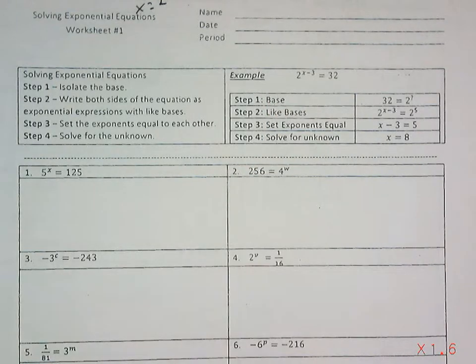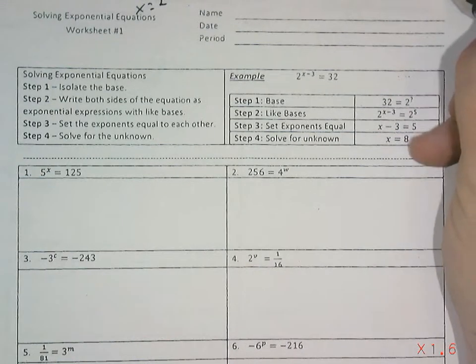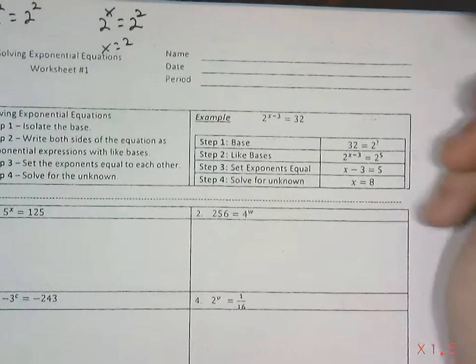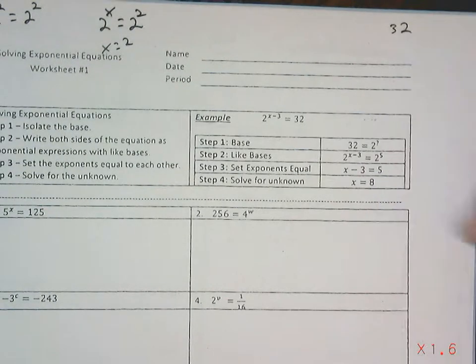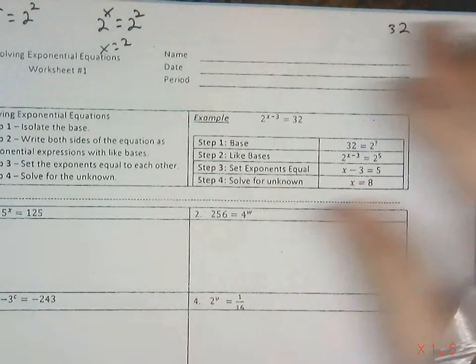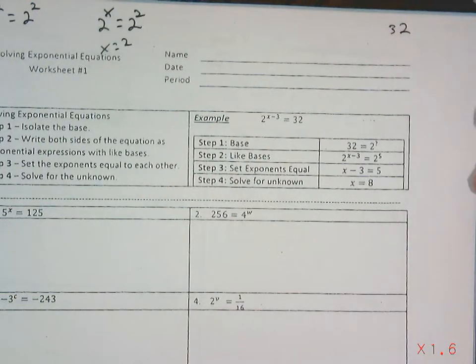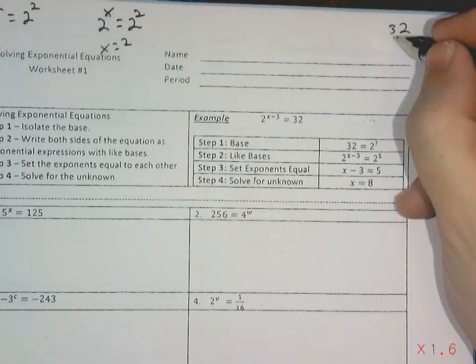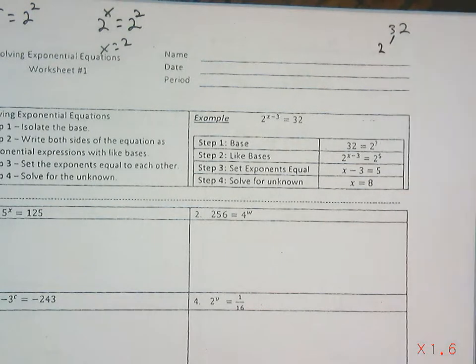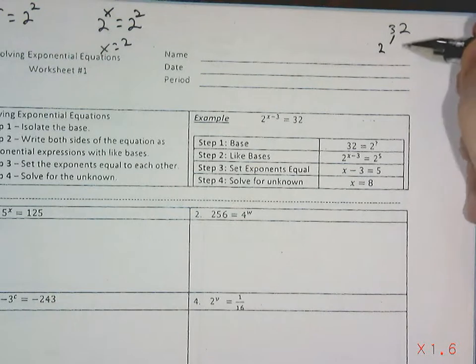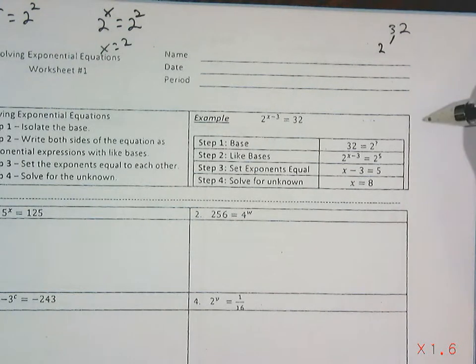So to do that, you got to figure out how many times 2 goes into 32. And the way I usually do that is I'll write it up here in this margin here. And usually I'll have like the other side of the equation over here as well. And I'll do that when I actually get to these examples. But basically what I do is I'll divide until I get to the base I'm trying to get to.